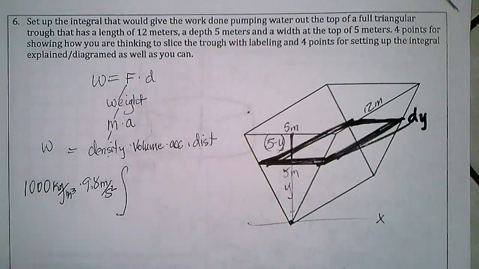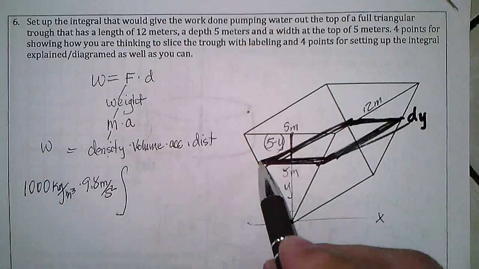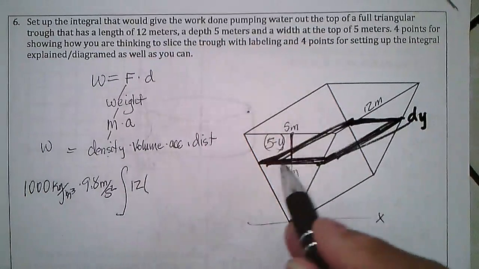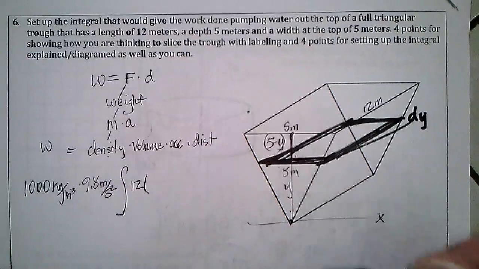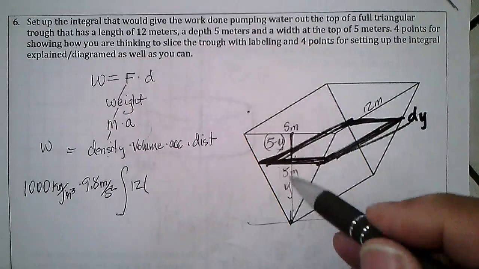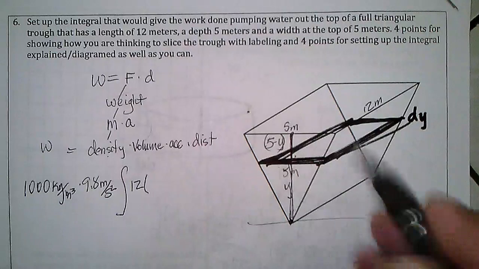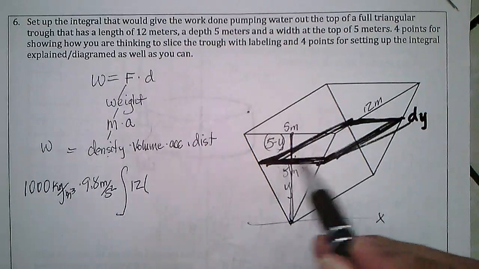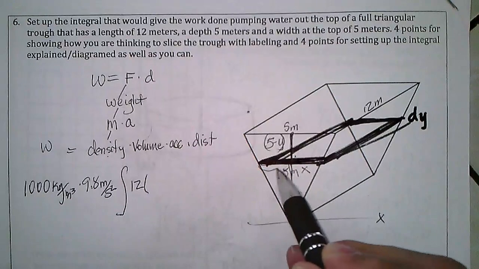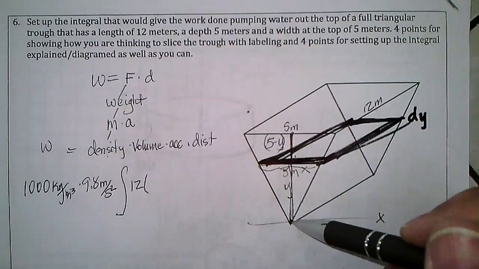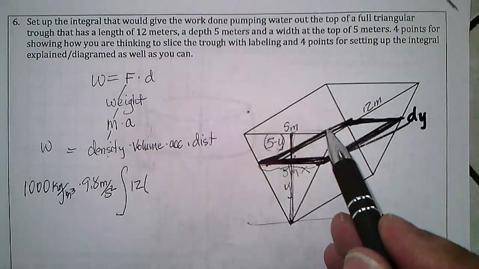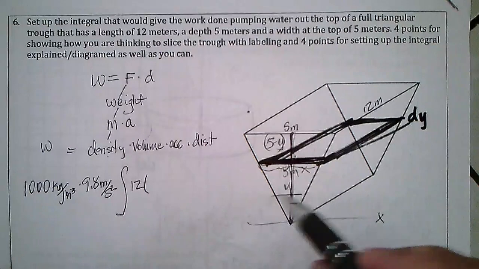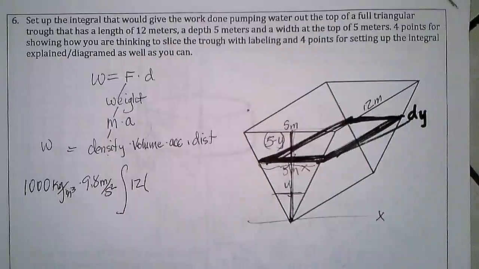And the volume is going to be this width times 12. And this width changes as y goes up. So if I put y here and then put that as x, but since the height and the width are the same there, and the height and the width would be the same there, it's the same all the time.